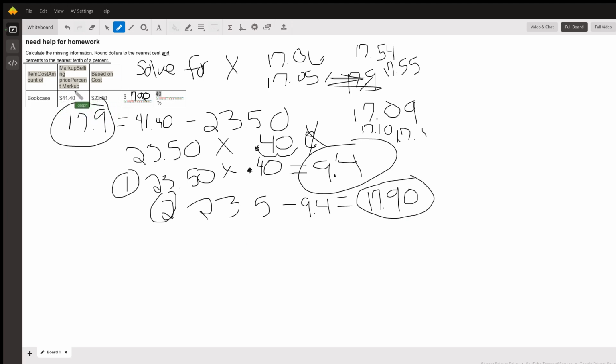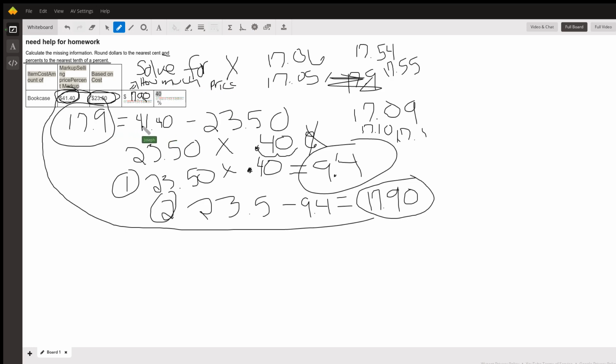And that's the amount the price was marked up. And I think this box right here wants to know how much did the price change? And all we did was find the difference. 41.40 minus 23.50 is 17.90.